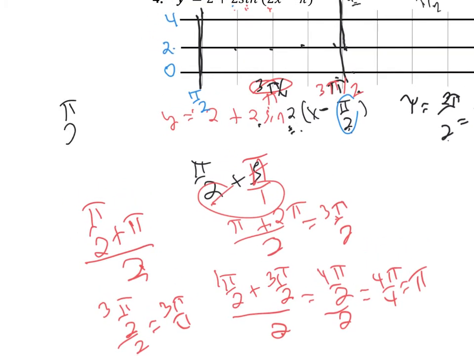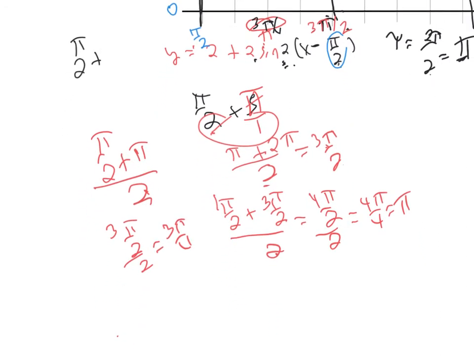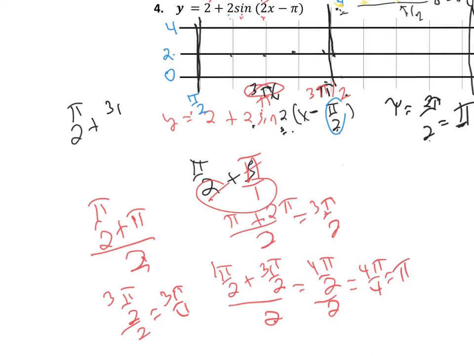Pi over 2 plus, that answer was 3 pi over 4, right? Plus 3 pi over 4 divided by 2 is 4 pi plus 6 pi over 8. 4 pi plus 6 pi is 10 pi over 8 divided by 2 is 10 pi over 16. That's 5 pi over 8.